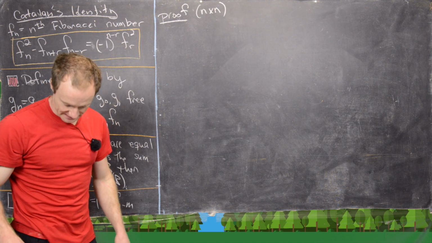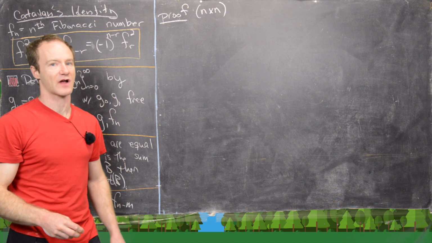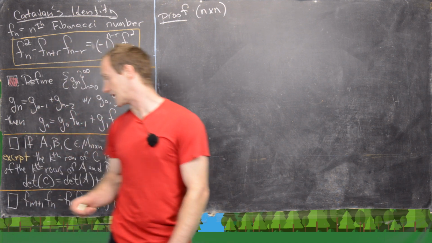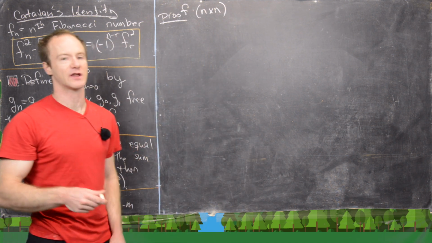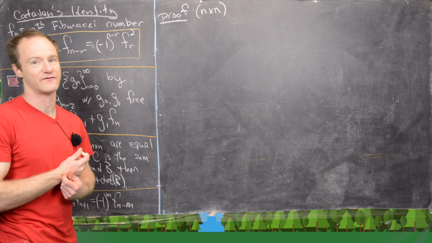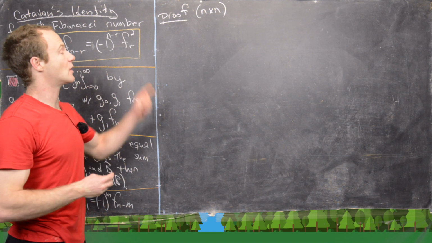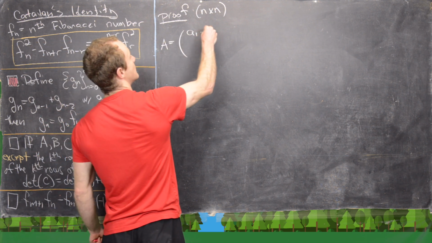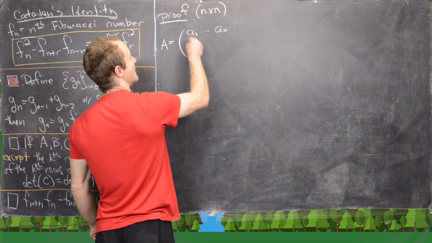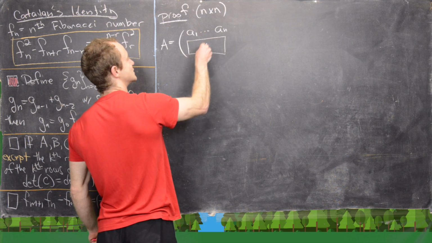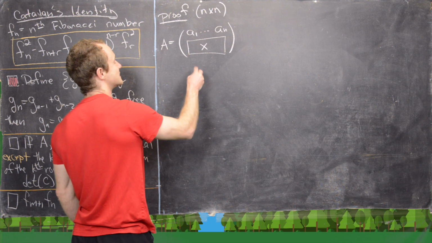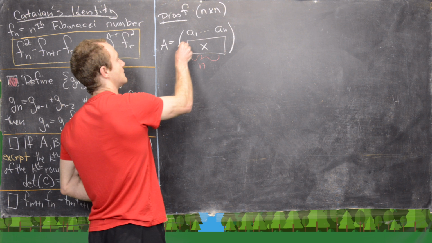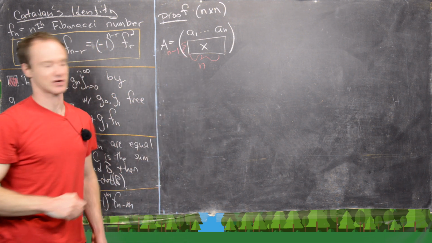Now we're going to do the n by n case, and like we said before, without loss of generality, we can assume that this row sum thing is happening in the first row, and that's because we can always do row swapping, and we know how that affects determinants. Okay, so we're going to let A equal the matrix A1 all the way to An, and then this block matrix below, which is given by X. And now notice X is going to be an n minus 1 by n matrix.